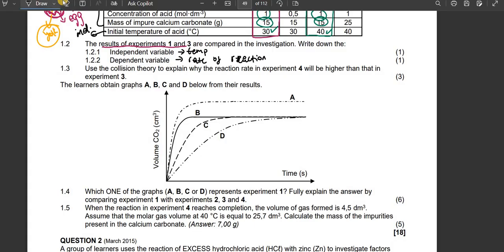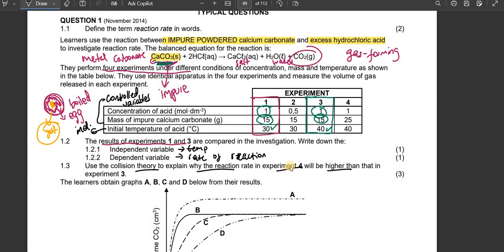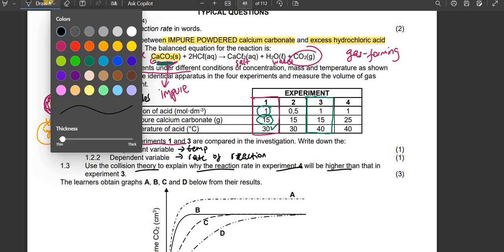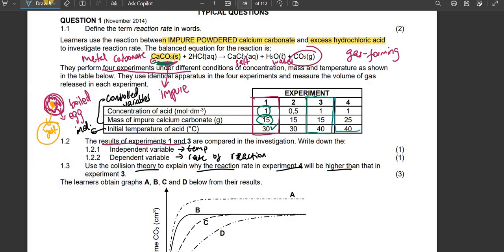And now they say use the collision theory to explain why the rate in experiment 4 will be higher than in experiment 3. They said experiment 4 and 3, so it means we're comparing 4 and 3. So 4 is this one. Now, you also don't just compare. You check the factor that was changed.